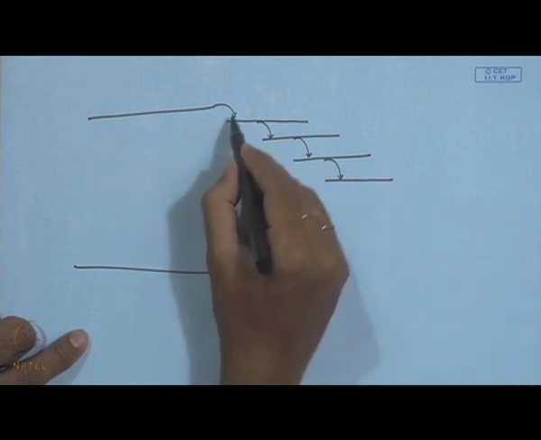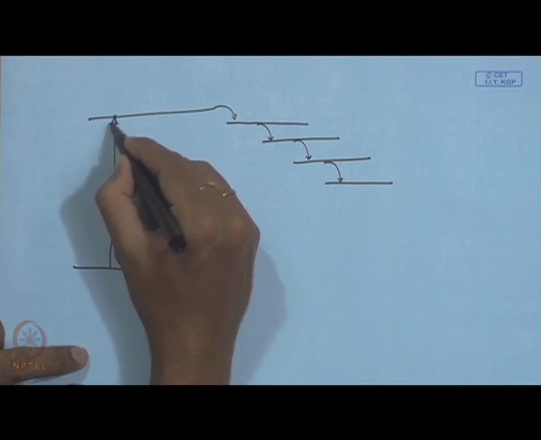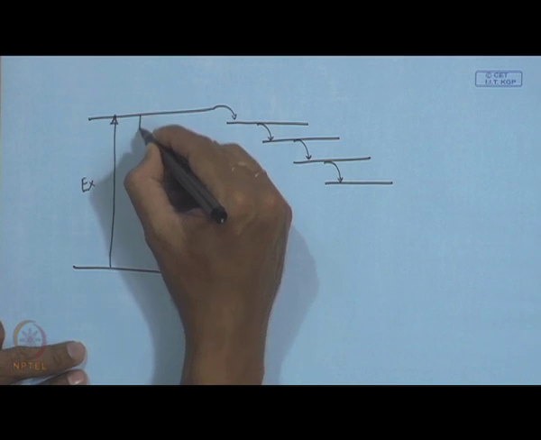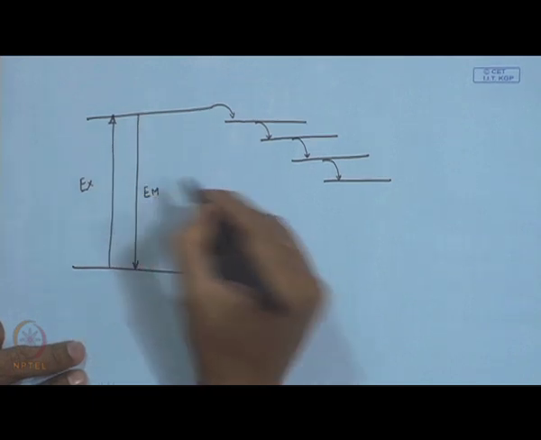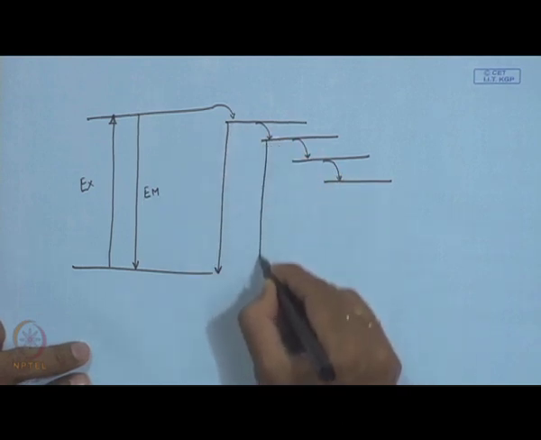Okay, and these are maybe all non-radiative processes. So you have got excitation, you may get emission from here to here, this is also emission, this is also emission.